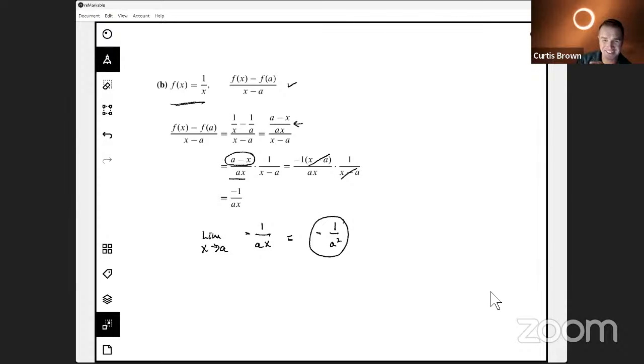Watching the chat. Deathly silence here. Come on, chat. Slope of the tangent line at x equals a. Slope of the tangent line for the curve y equals 1 over x at x equals a. Very good. Excellent. Beautiful.